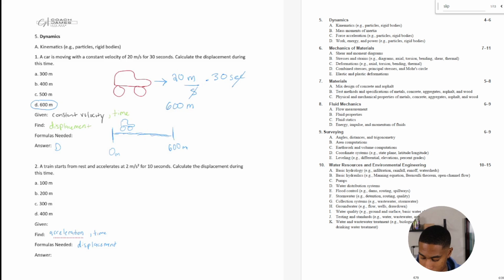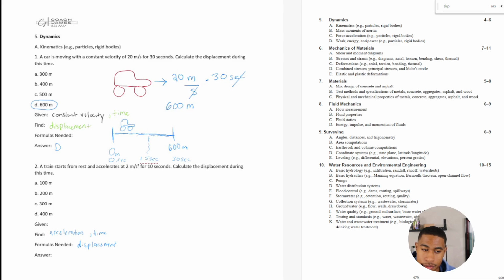So displacement just means distance. I could even take it more detailed, like this is 0 seconds, and this was at 30 seconds. And so we could say at 15 seconds, this is approximately the displacement from where it would be.